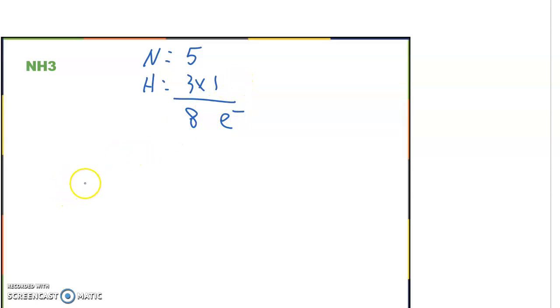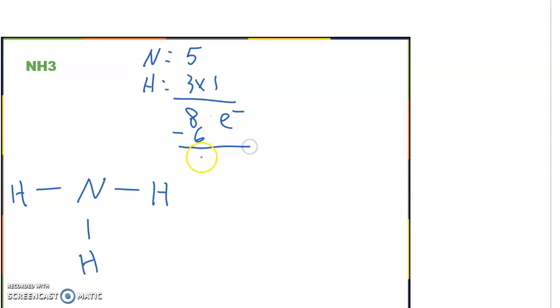The next step is to guess a structure and then connect it with single bonds. So how many electrons have we used? There are 3 single bonds. That means we have used 6. So minus 6, we have 2 valence electrons left. Where should we put them? There's only one place, which is to put them here.